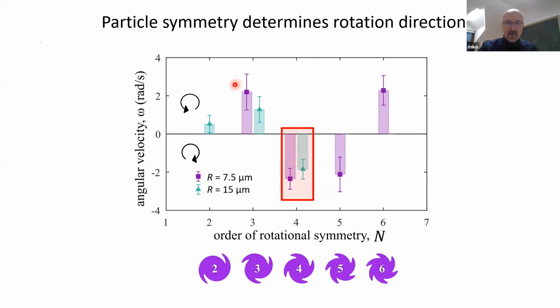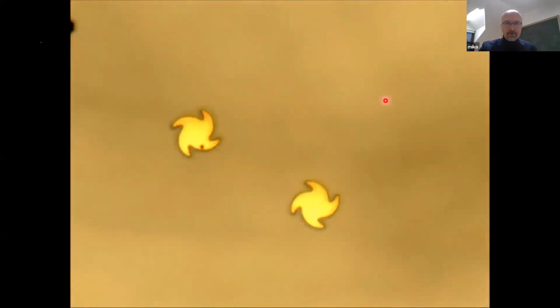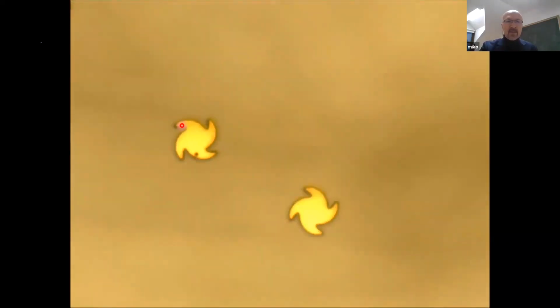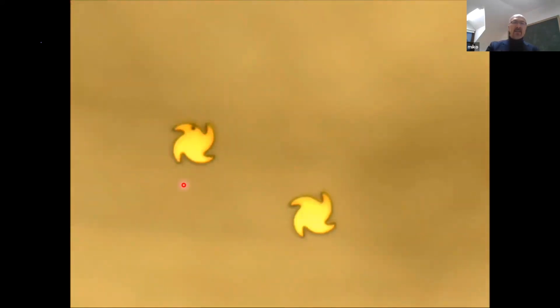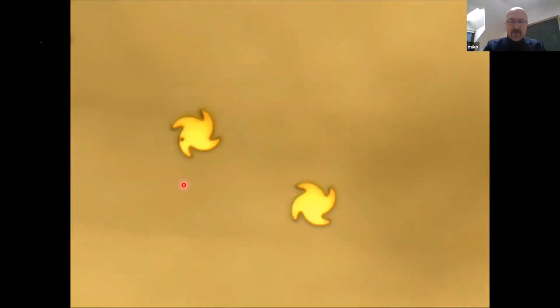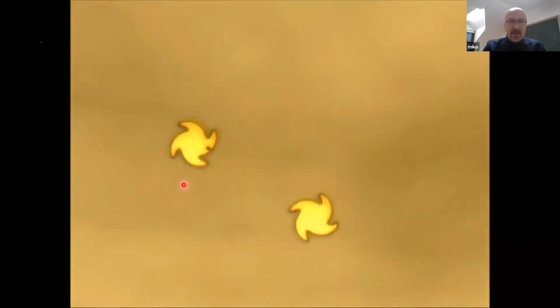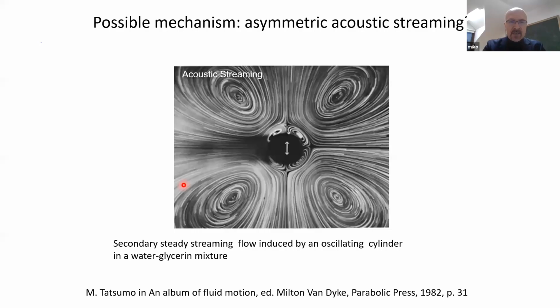This multiple reversal of rotational direction is very unusual and challenging to explain. So our role was to try to understand what is going on here. These particles with four fins spin in the opposite direction to what is expected for particles with three fins. My role was to build a model which explains this experimental result.